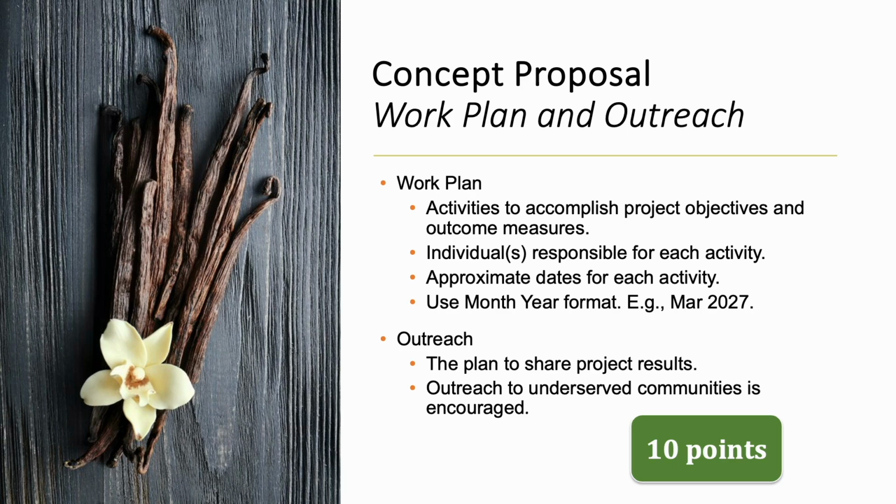Estimate when each activity will occur. Be sure that the dates for all activities are within the specific project duration for this project. Please use a month-year format such as January 2027 or March through June 2028.